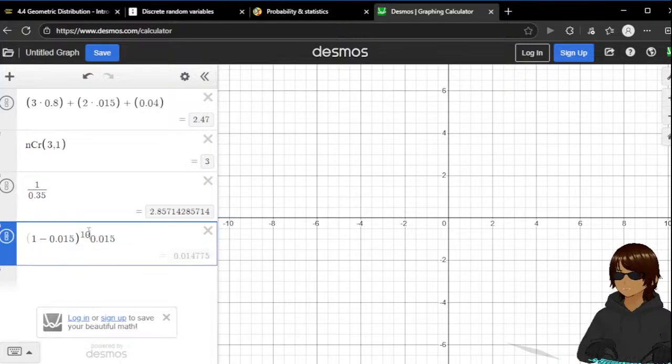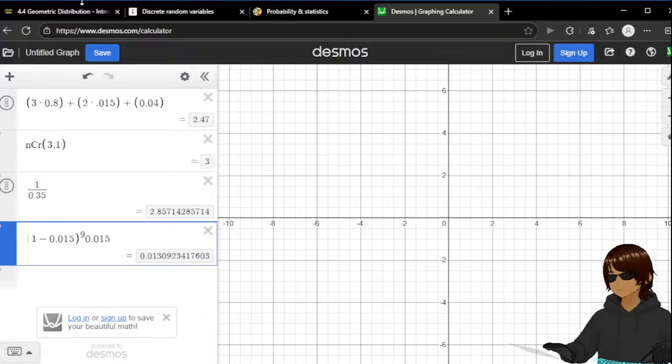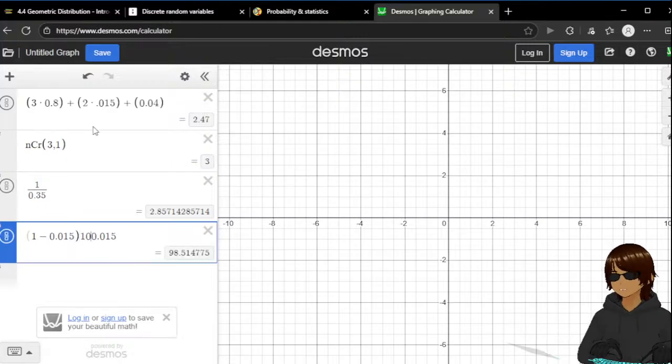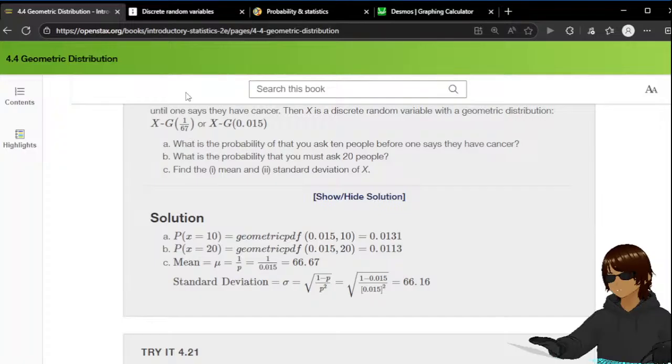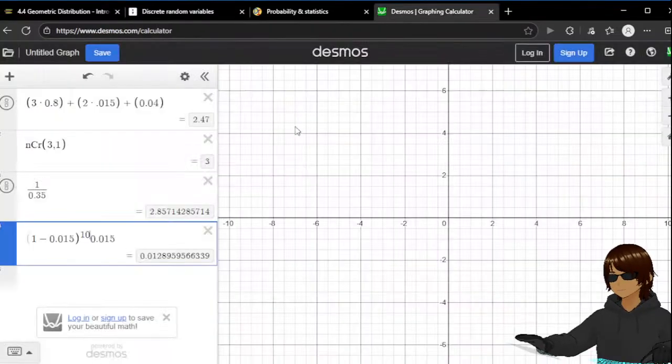No, I made a mistake. It should be 9. Wait, no. Actually, it should be 10. So 10 people say they don't, and then the next one you ask, he says he does. So it should be this, 0.129.